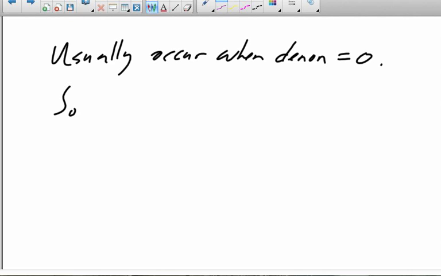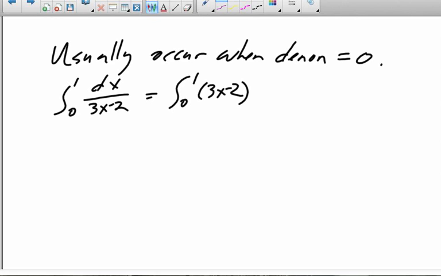We're integrating from 0 to 1 of dx over 3x minus 2. Now, at first blush, this looks all right because we could rewrite this as the integral from 0 to 1 of (3x minus 2) to the negative 1 dx. Okay, we're going to use a u sub as 3x minus 2, which will make du 3.